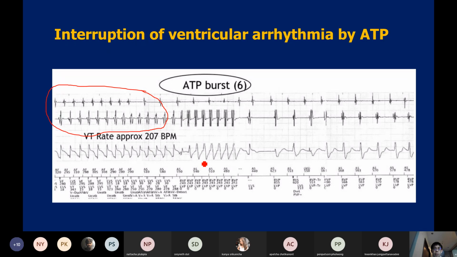When the device detects the ventricular tachycardia, it triggers the ATP, and the device would burst pace 6 beats or more if we program it. After we burst the pacing, the ventricular tachycardia terminates and returns to normal sinus rhythm. This therapy is more gentle to your cardiac muscle cells than a shock or cardioversion.